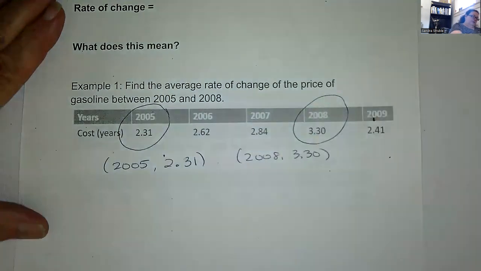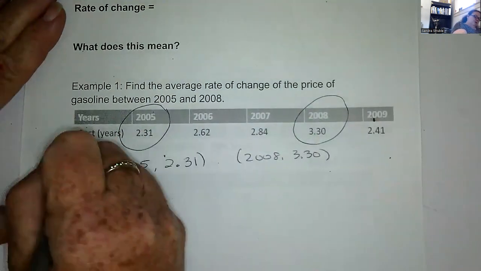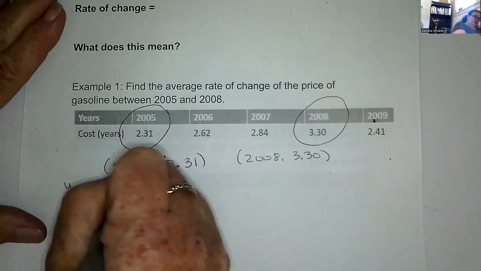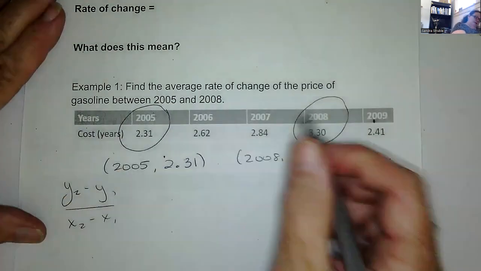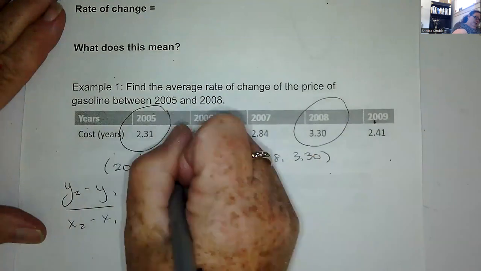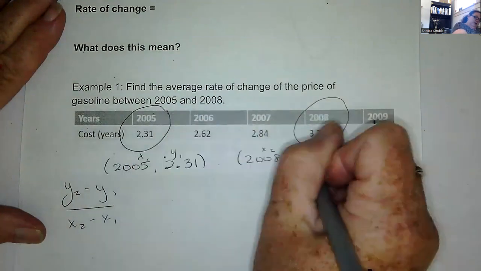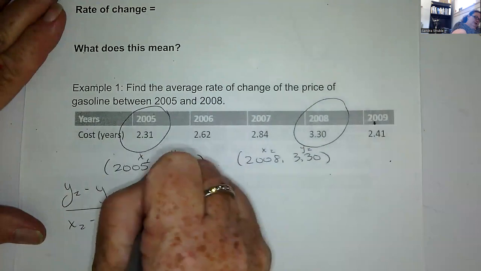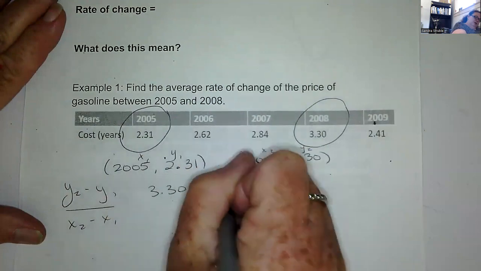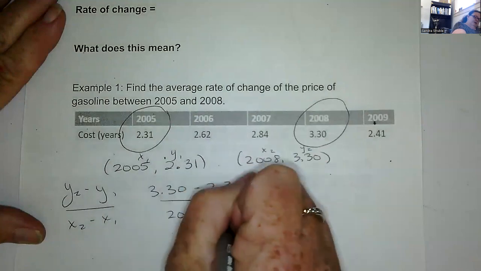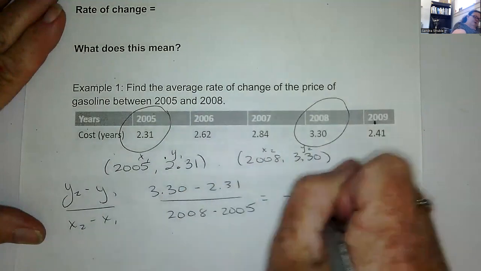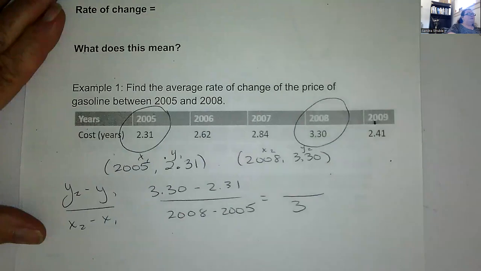330. All right, so I'm going to just use the same y sub 2 minus y sub 1 over x sub 2 minus x sub 1. And when you do that, I'm going to label these real quick, x1, y1, x2, y2, 330 minus 231 over 2008 minus 2005. Well, that's 3 years. Let me see what the other is. I do not have my calculator in front of me, so bear with me.